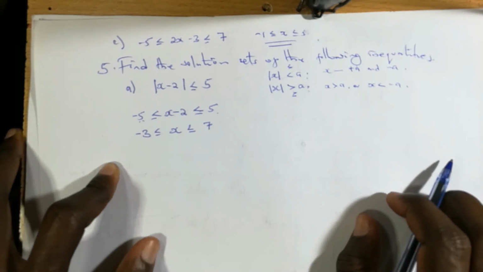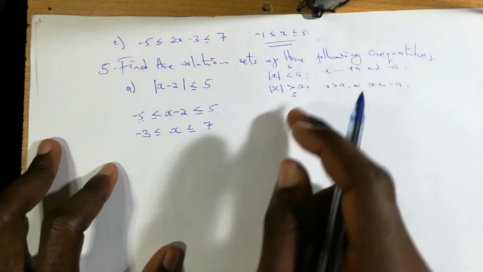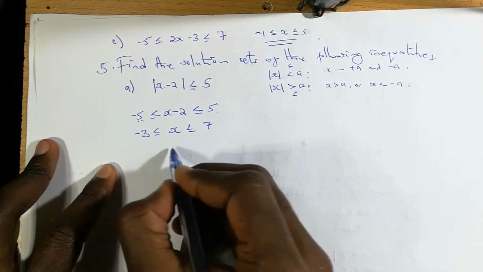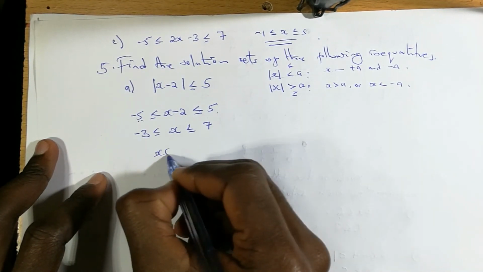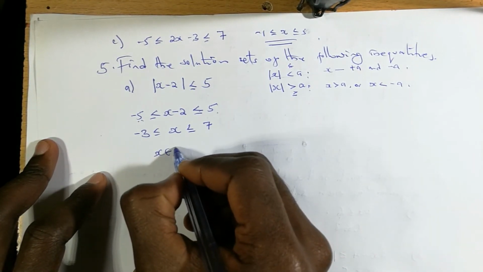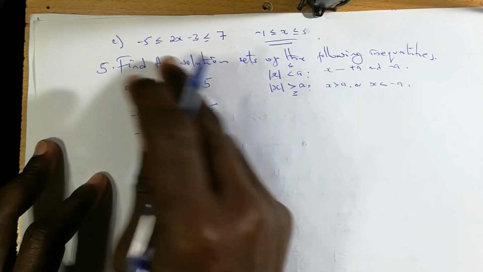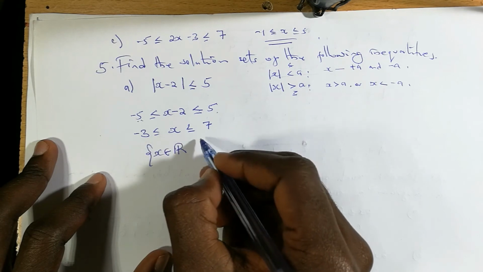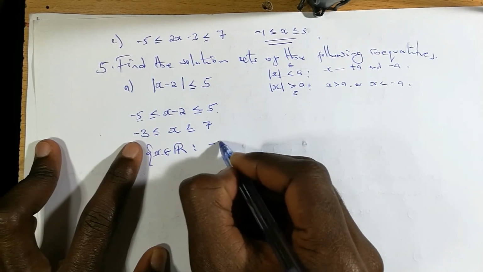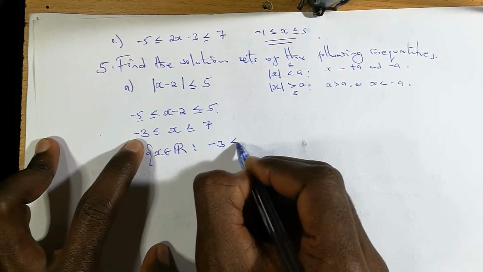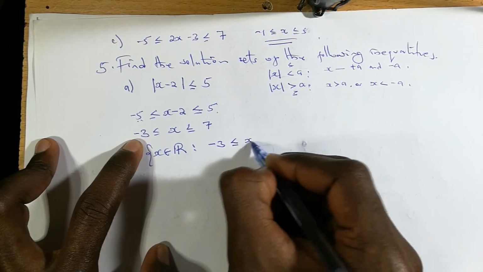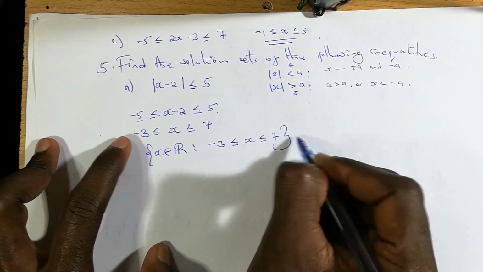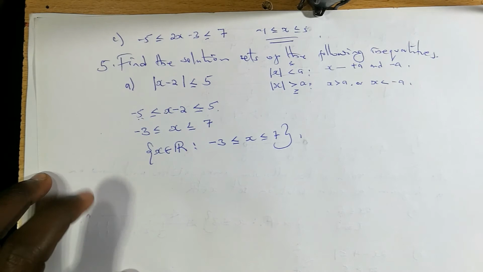And if we show it as a solution set, we are going to have x in R. They have not specified here, so we assume R. Then x is lying between -3 and 7. That's the solution set for that.